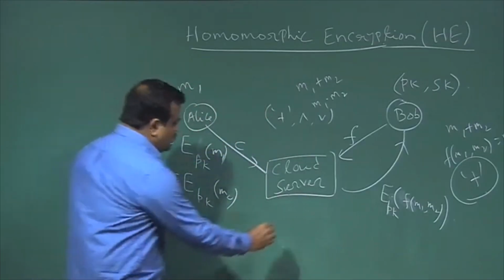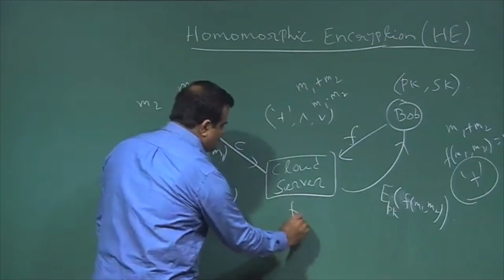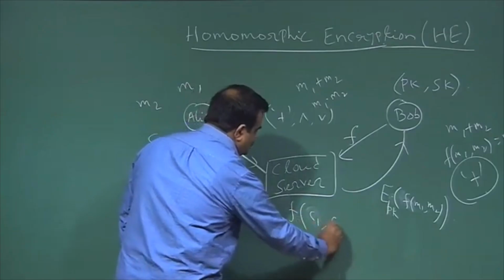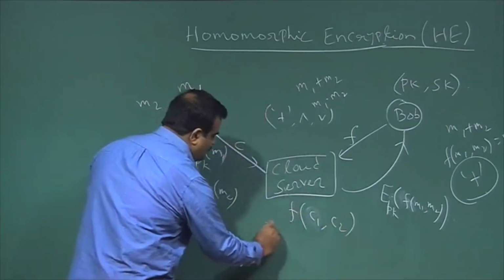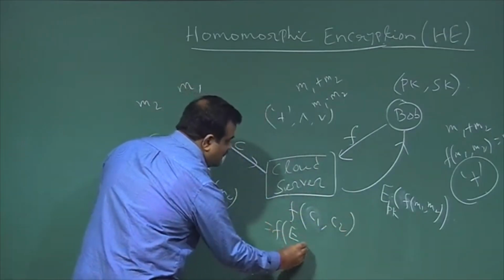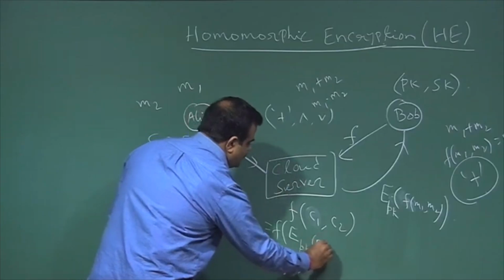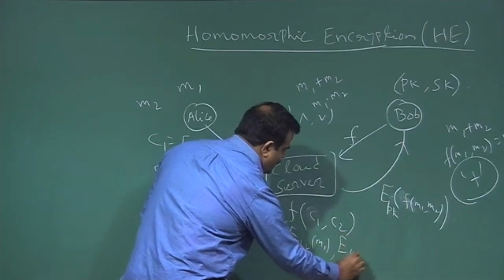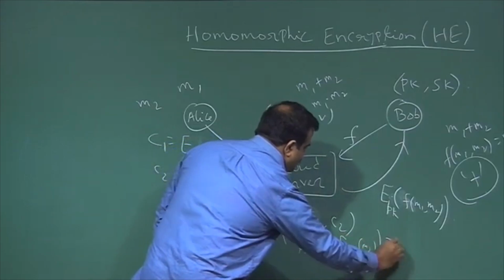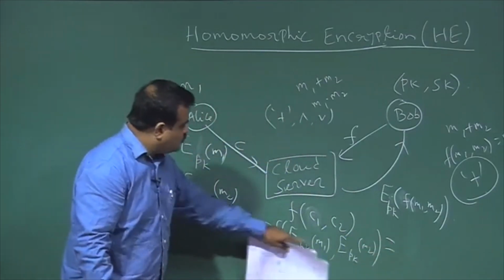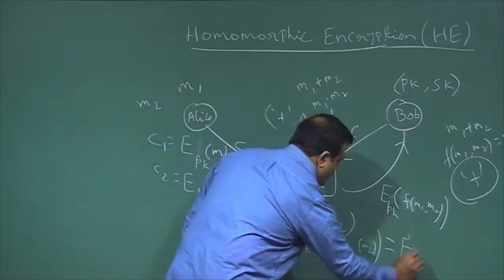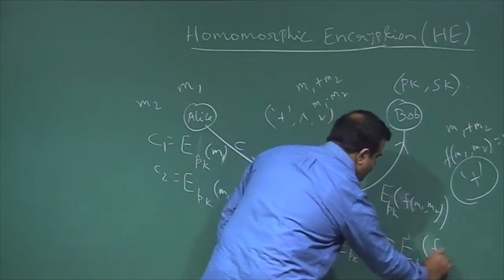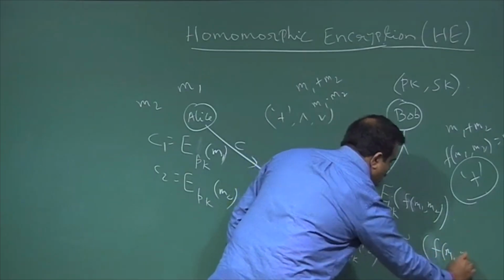The server should be able to apply f on the encrypted C1, C2. F of C1, C2 is basically f of the encrypted version of M1 under pk and the encryption of M2 under pk, and this should be the encryption under pk of f of M1, M2.